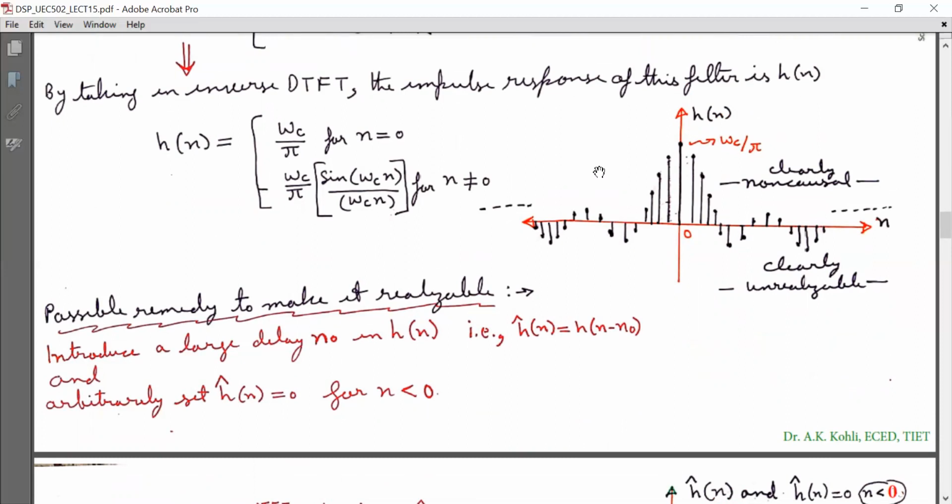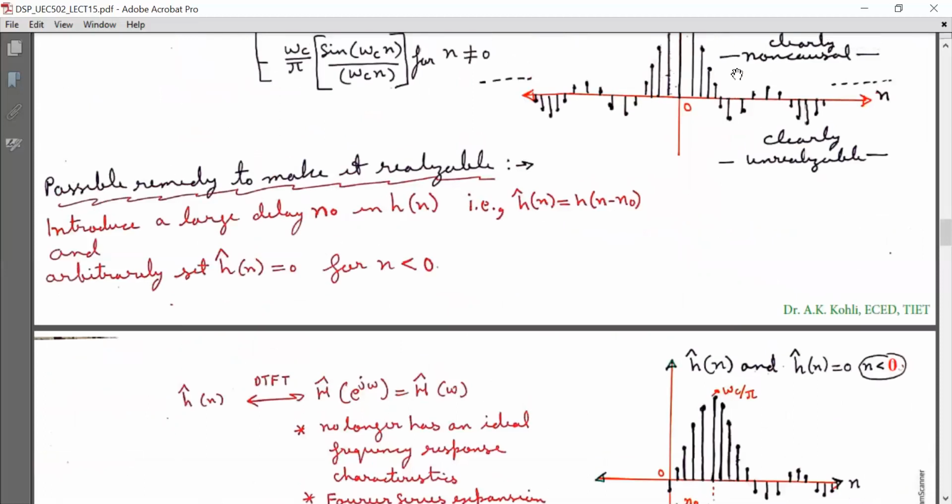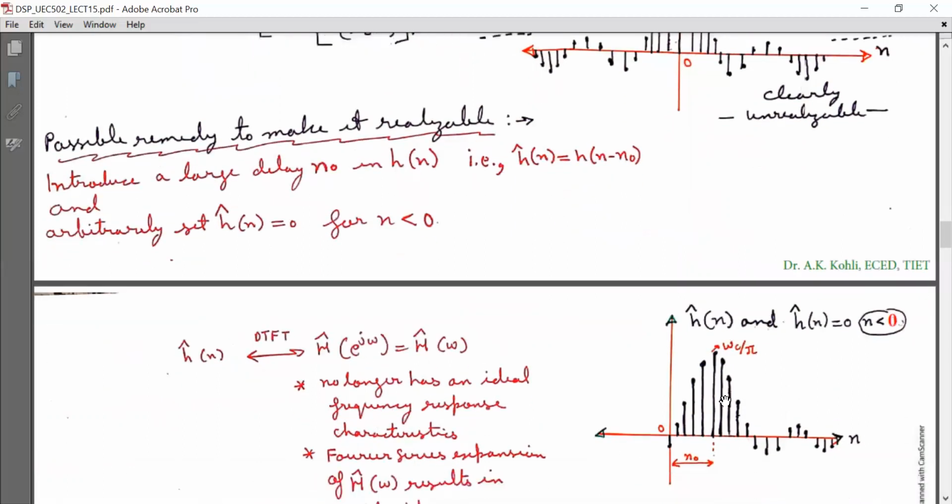Samples appearing on this side in the delayed version can be truncated. So I am shifting this by n0 units and truncating the samples appearing on this side, and it will give me this h cap(n).